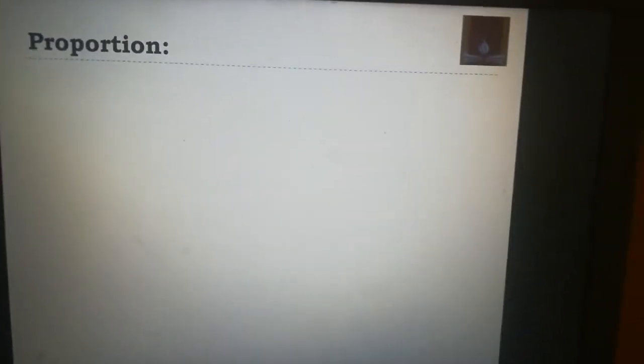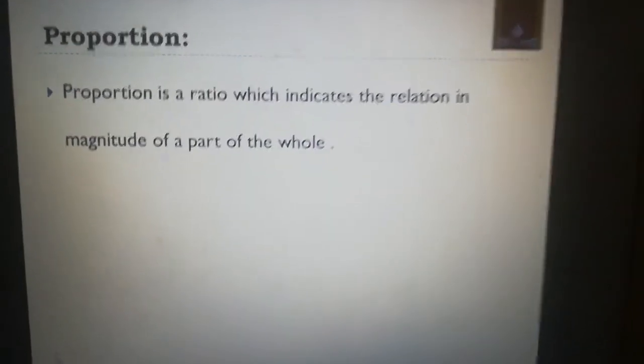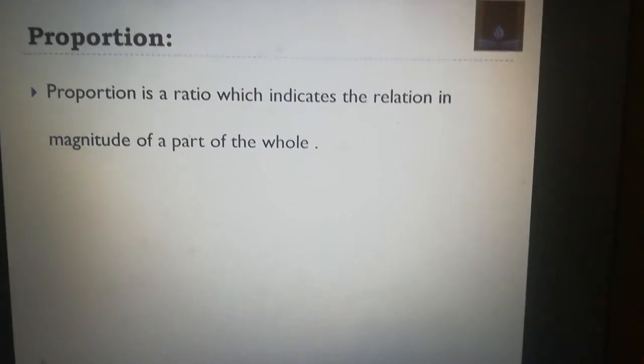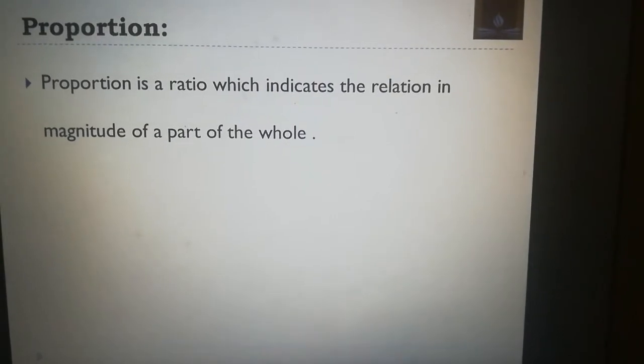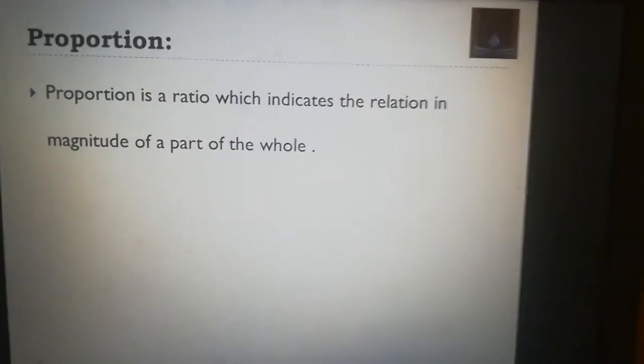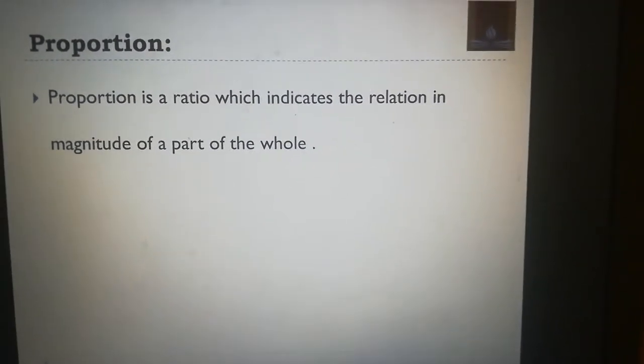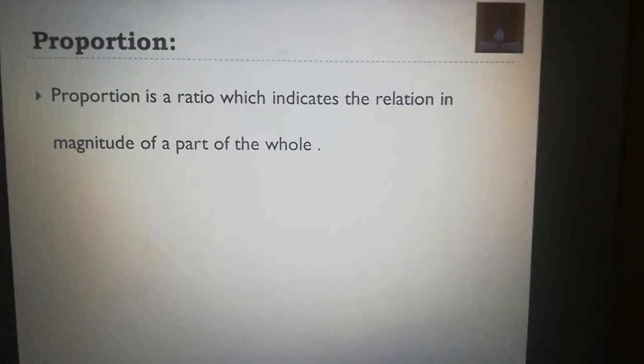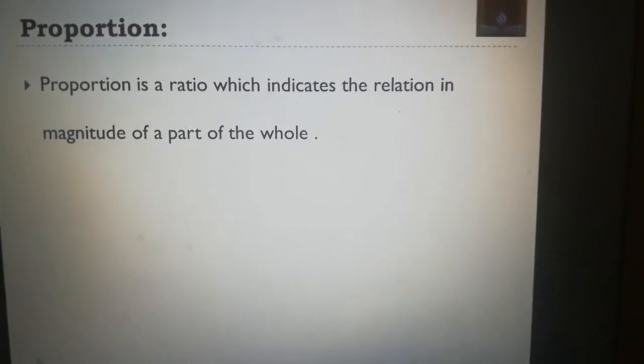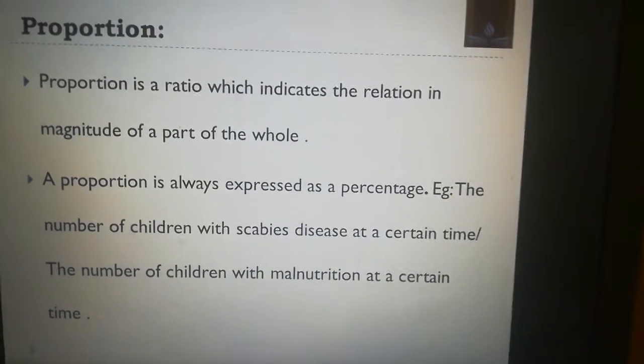Similarly, one more definition under descriptive statistics is proportion. It is the ratio which indicates the relation of the magnitude of a part to the whole. As a whole, how much it is coming, and that is again represented by percentage.